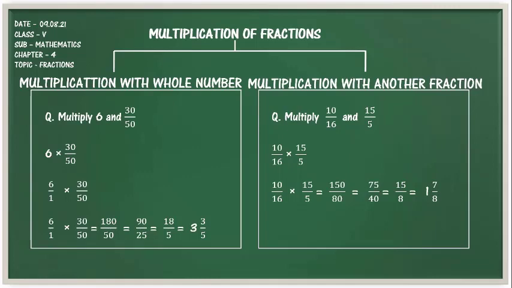Since 15 upon 8 is again an improper fraction, we can write it in mixed form as 1 whole 7 by 8. We have already studied the method of converting an improper fraction into a mixed fraction in our previous classes. Now division of fractions.